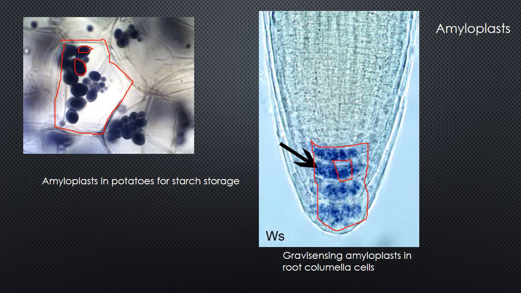So we call those gravity-sensing amyloplasts. And so if we were to turn the root tip on its side, those heavy starch grains in the amyloplast would fall. And there are sensors within the cell membranes that allow that root tip then to know that it's changed directions and that it needs to start growing towards gravity.